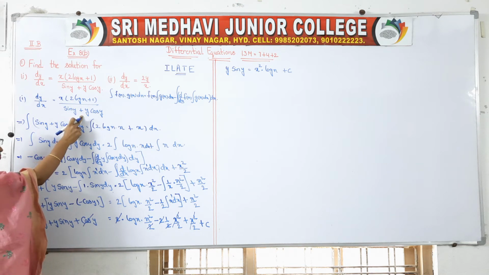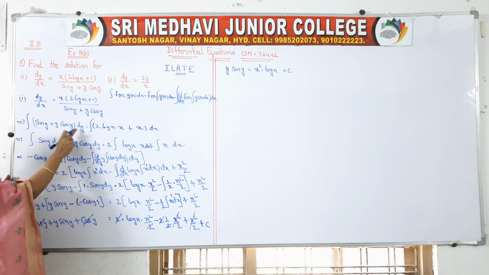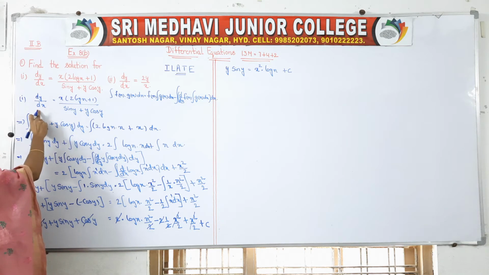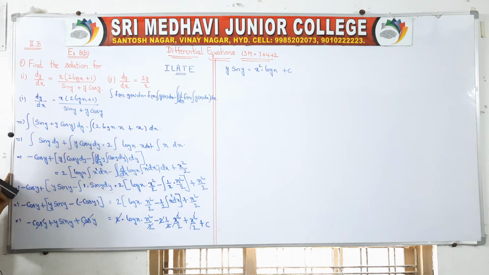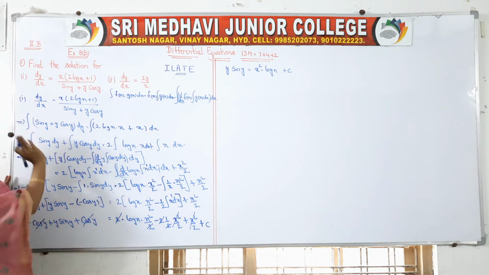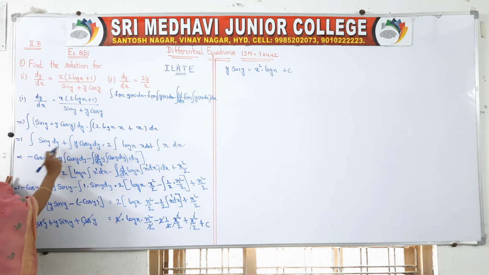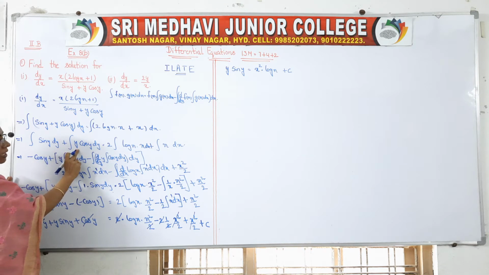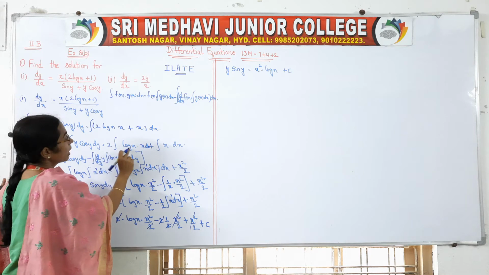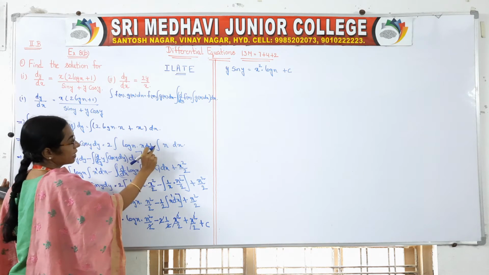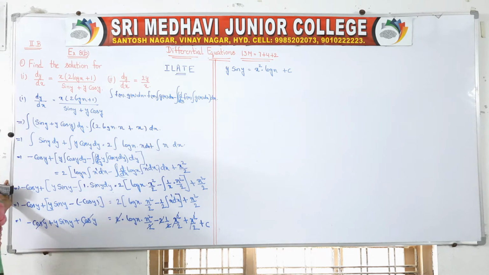Here dividing, if you send this side, it will multiply into dy, and bring this dx to this side. Y means already all the x terms are there. Once variables are separated, you take the integral. Then you take integral separately, integral sin y dy plus integral y into cos y dy is equal to 2 into integral log x into x dx plus integral x dx.